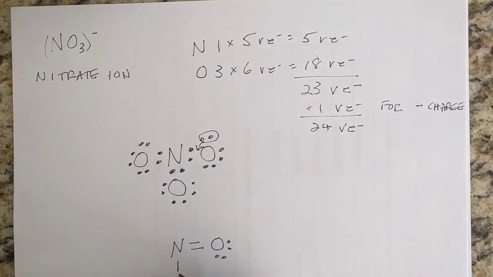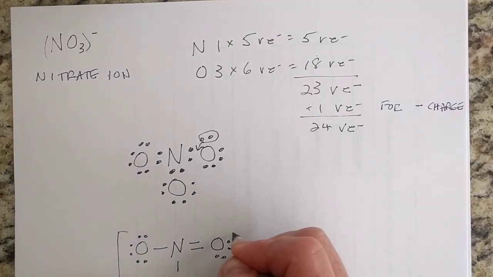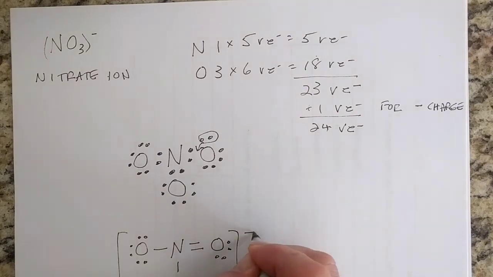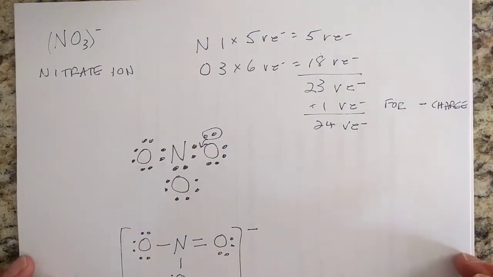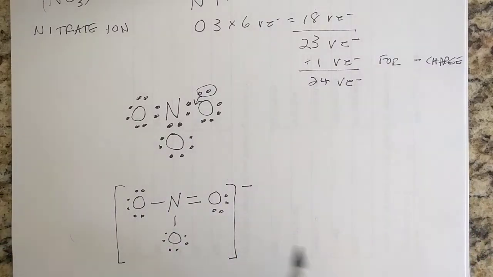Here we have a single to the oxygen, and then here we have a single to the oxygen. And now nitrogen is 2, 4, 6, 8. All the oxygens are good. We just put in our brackets and put that minus sign outside of the brackets for the charge. Whoops, I went off of the page there. So that's what our correct Lewis structure looks like.